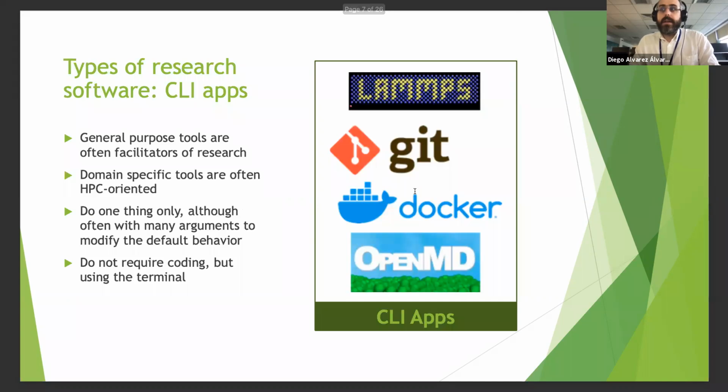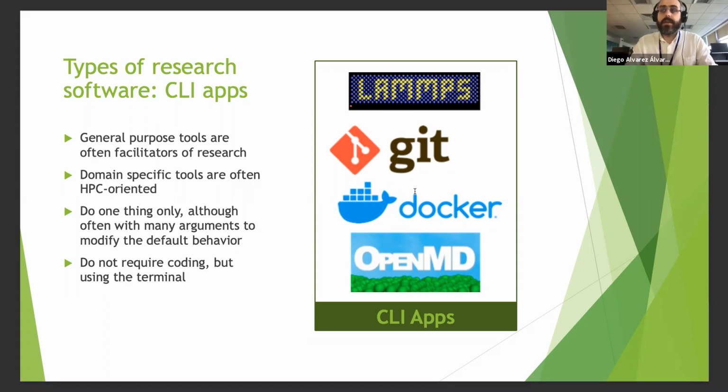The next one are command line interface applications. We are familiar with many of these, Git and Docker, you probably know them. Domain-specific tools are often HPC oriented, so pretty much everything that you run in an HPC, in a supercomputer, is a command line tool, but they could be pretty much any compiled code. It's a command line interface application.